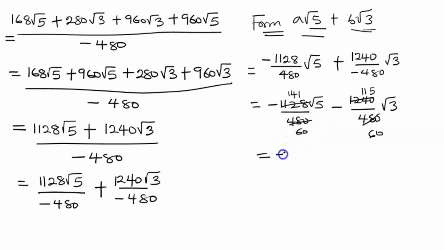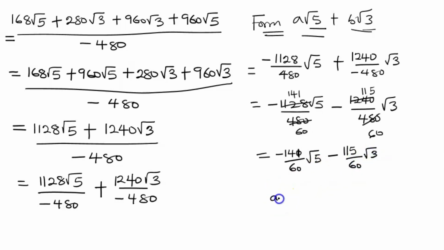So what do we have now? That was going to be negative 141 divided by 60 root 5, then negative, no, sorry, this is 141, while this is 115 divided by 60 root 3.